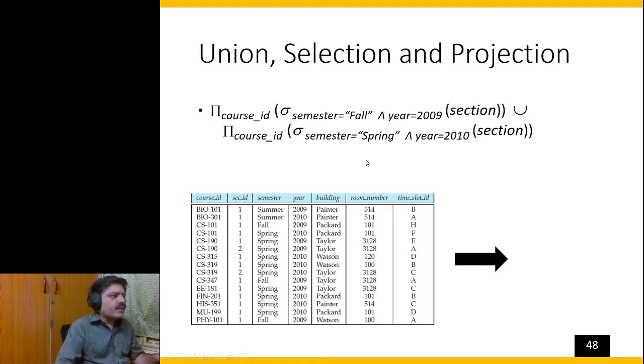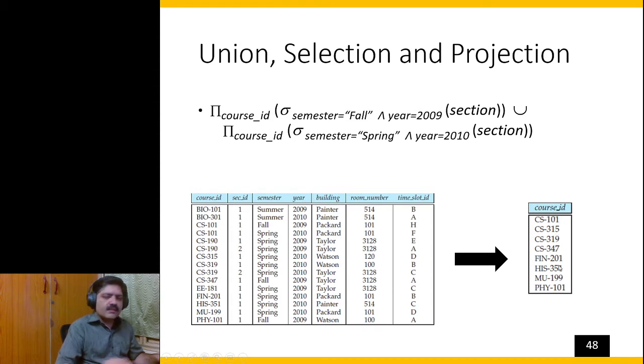We also select semester equals spring and year 2010. So spring 2010 leads to again CS101 being selected, and we have fin 201 and so on. And then we take the corresponding course IDs and put them together to get the output. So this should work out something like this.